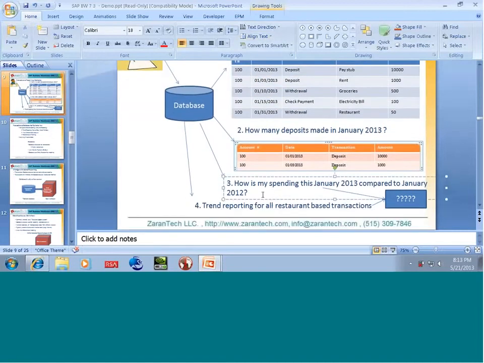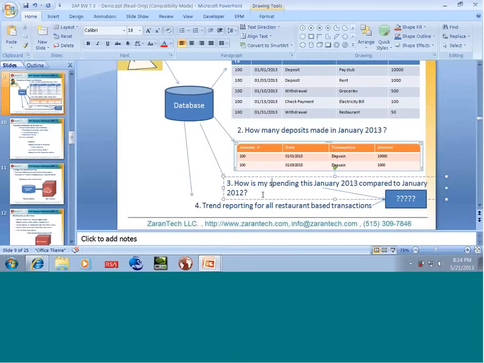So let's look at the third question in a little more detail. What I'm trying to do here is look at the January 2013 transactions and compare them against the January 2012 transactions I made last year, to see whether there is any similarity or pattern associated with my spending.